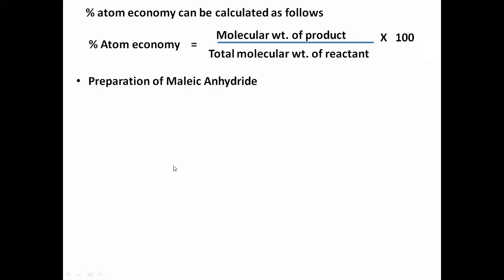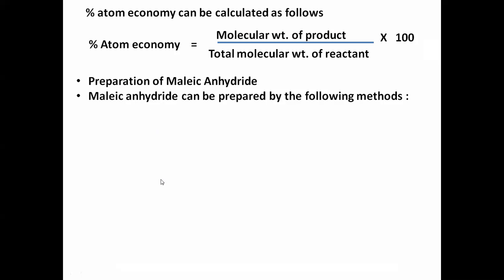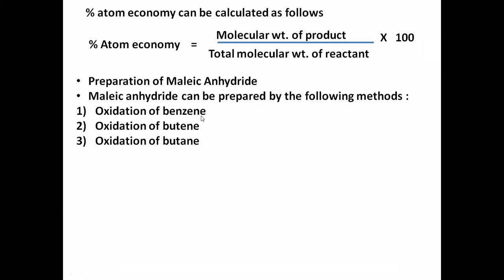And that will be utilized in industry for the manufacturing of maleic anhydride. Other routes will be discarded. Maleic anhydride can be prepared by the following methods. First, oxidation of benzene. This is the first route. Then oxidation of butene, and oxidation of butane. So these are the three possible hydrocarbons. These are actually petrochemicals, which are present in petroleum oil.